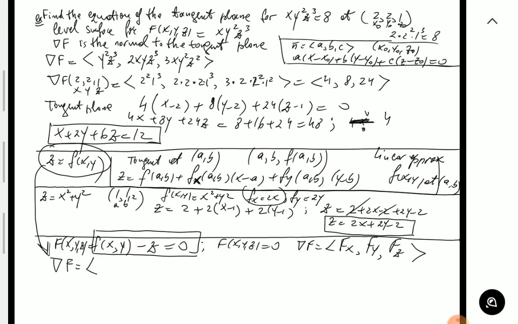Well, big F partial x is going to be actually small f partial x, because partial x of z is 0. Big F partial y is nothing but little f partial y. And big F partial z is nothing but minus 1.